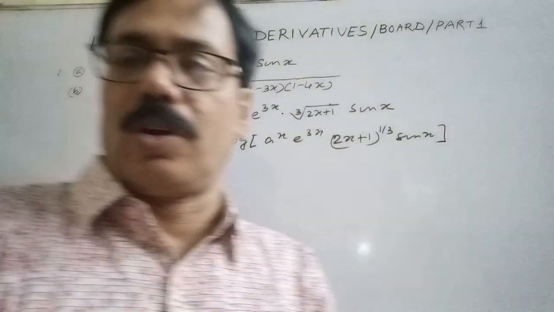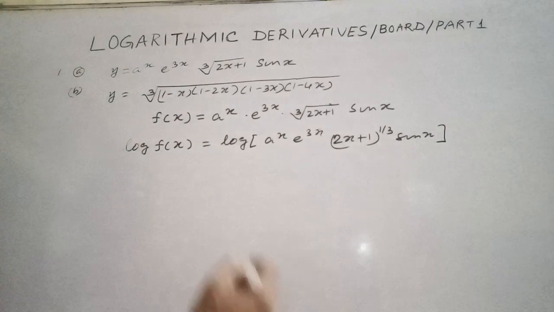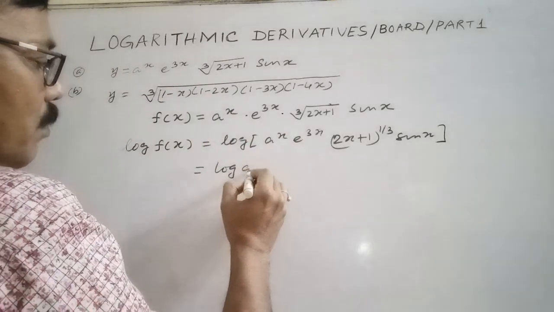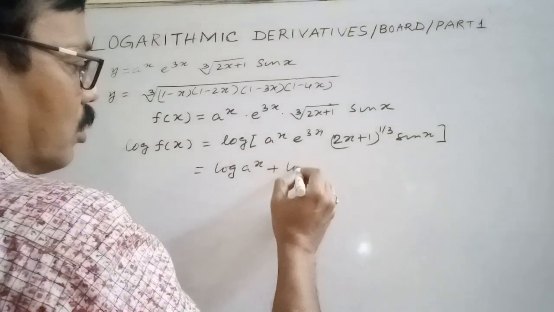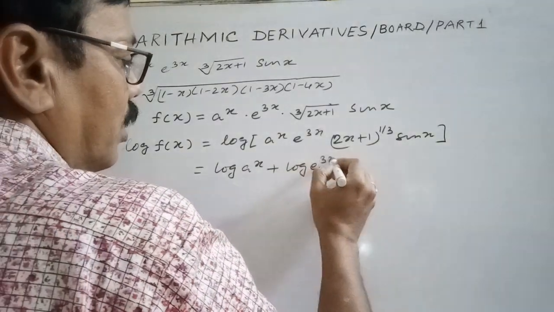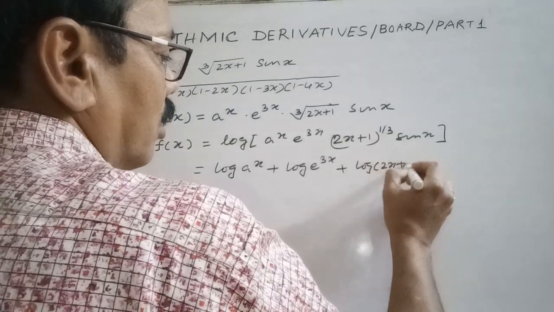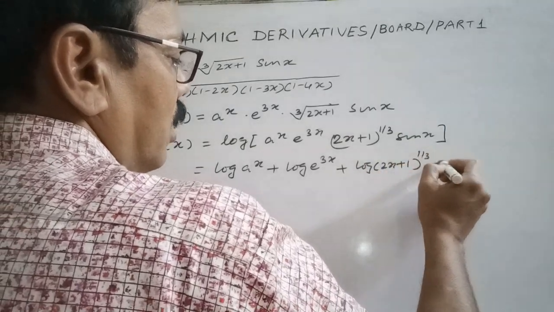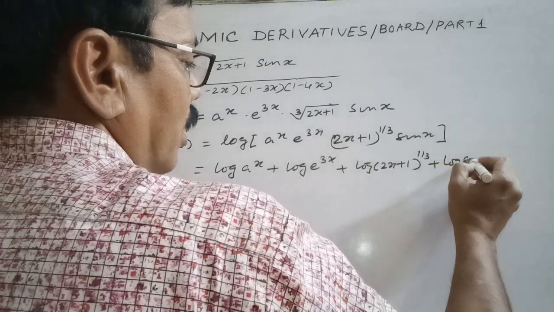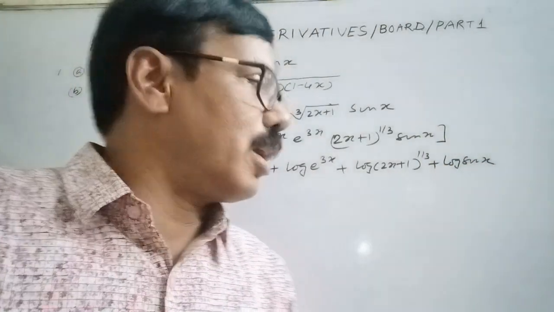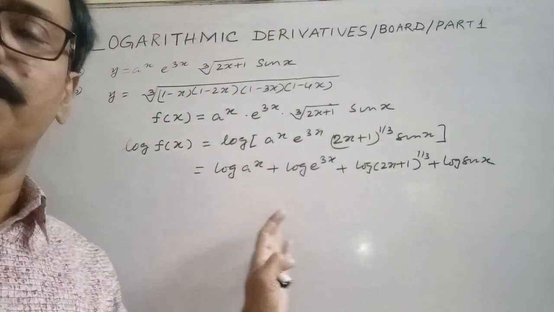Now the log of a product can be written as a sum of logs. So log a to the power x, log e to the power 3x, log (2x plus 1) to the power 1 by 3, log sin x. I have already stated here log means base e.